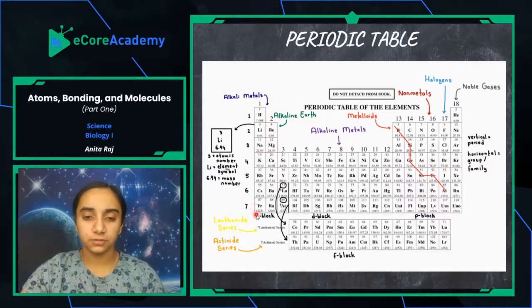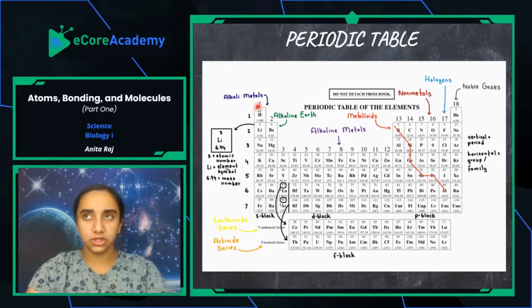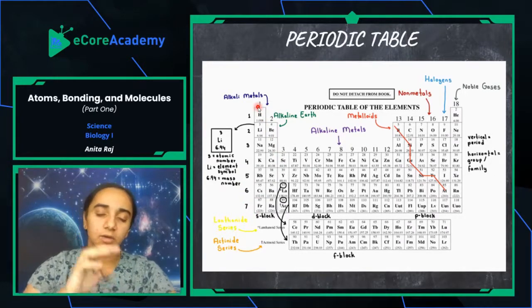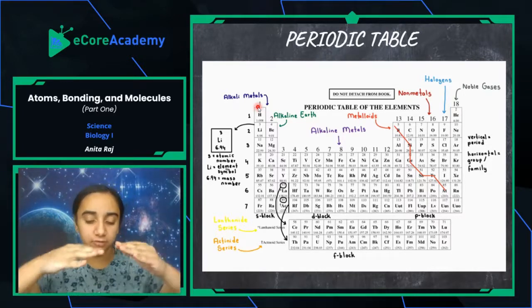This first column right here is the alkali metals. This includes hydrogen, lithium, sodium, potassium, rubidium, cesium, and francium. These guys have 1 valence electron. Valence electrons, remember, go in orbitals around the nucleus, and there are actually different layers of them.